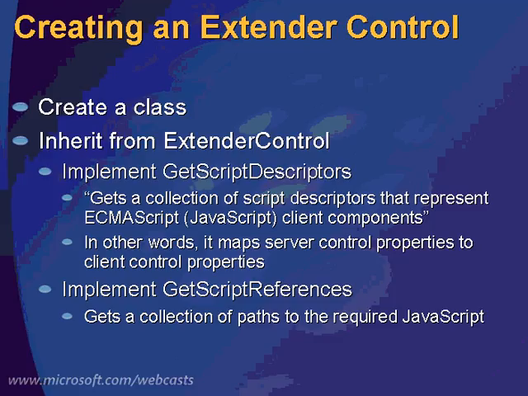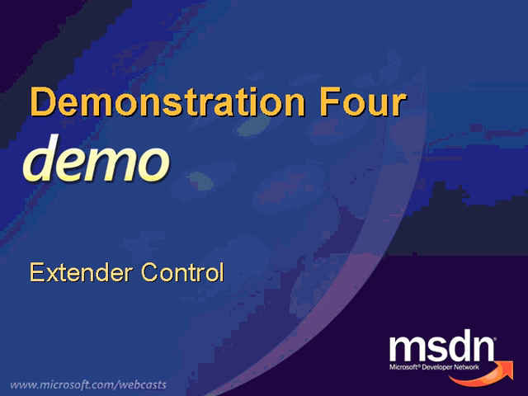And those getters and setters may have a different naming convention than the properties that you want to expose inside of your extender control. And so get script descriptors gives you the means to really just map the two of those together. So you can essentially create a map between the two. So let's just jump in and do a demonstration and just see how this works.